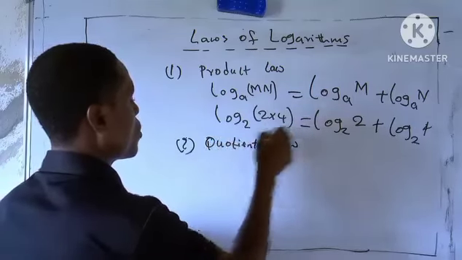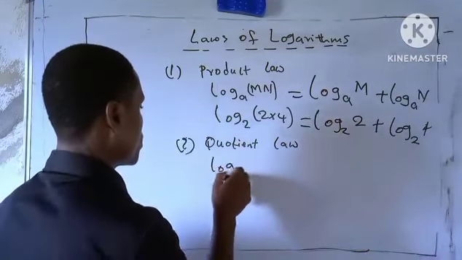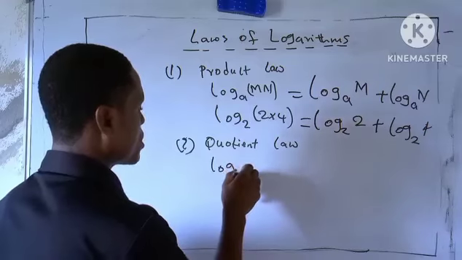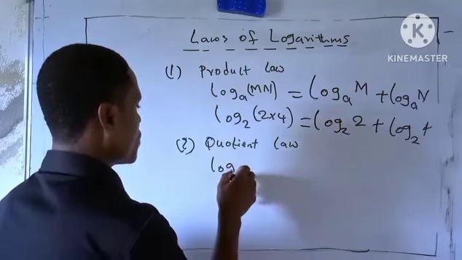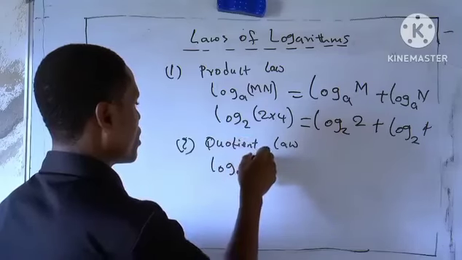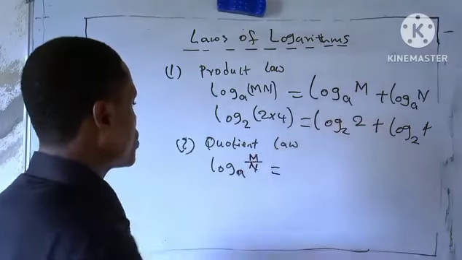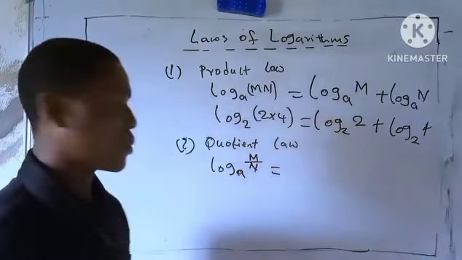Okay, let's go straight to the second law, which is the quotient law. Let's say we have log base a raised to power m all over n. Here is the sign of division, right?